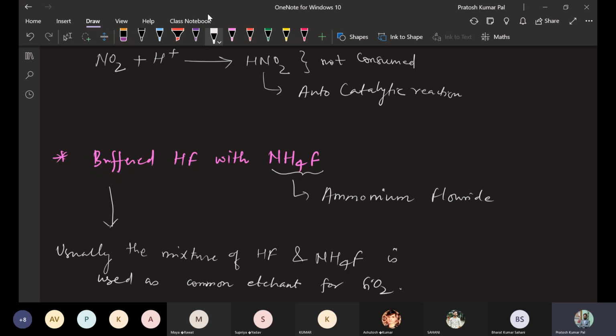Okay, so we can call it buffered HF with ammonium fluoride. So this is one of the agents most commonly used in case of SiO2. So this is all about the wet type of etching.